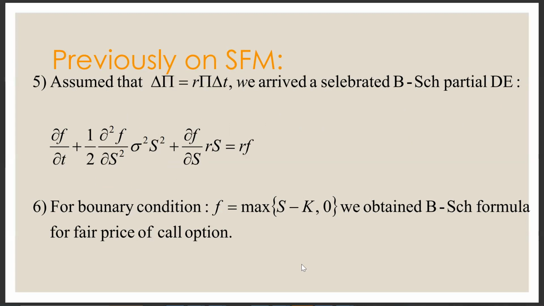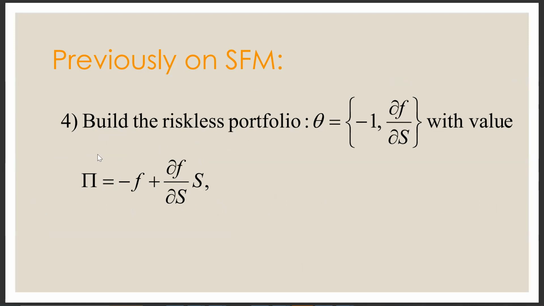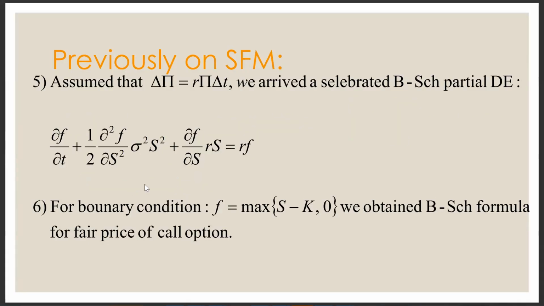Okay. After that, we assumed that the change of portfolio is proportional to r, the amount of portfolio, and delta t. We take this value only in a discrete variant and substitute this and this.